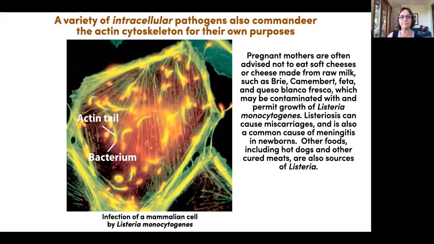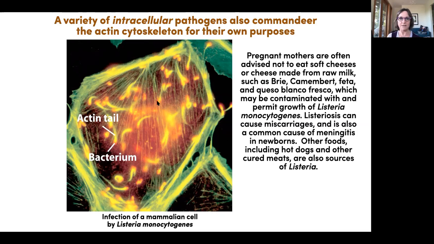And then we also know that a lot of the early studies of actin nucleation were spurred in part by the discovery that many bacteria have their own actin nucleating proteins that enable them to use the host cell actin to move around within cells.